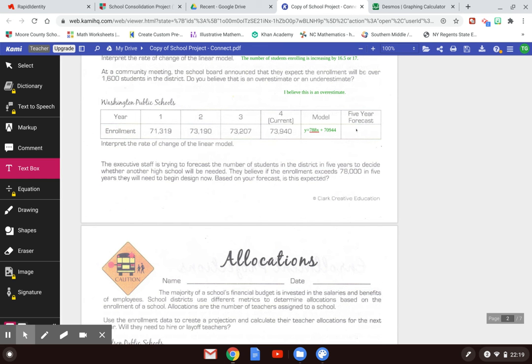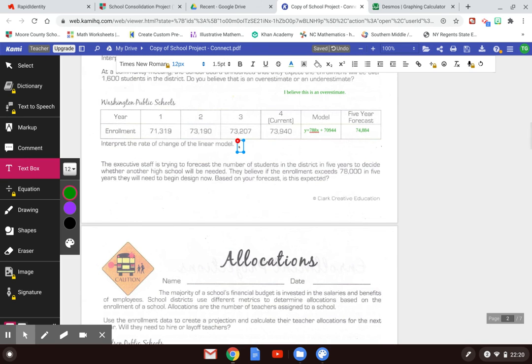So I have here a 5-year forecast of 74,884 students. So interpret the rate of change of your linear model. So again, my interpretation would be the number of students is increasing by 788 per year.